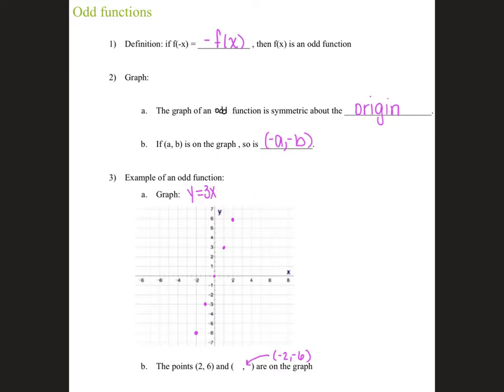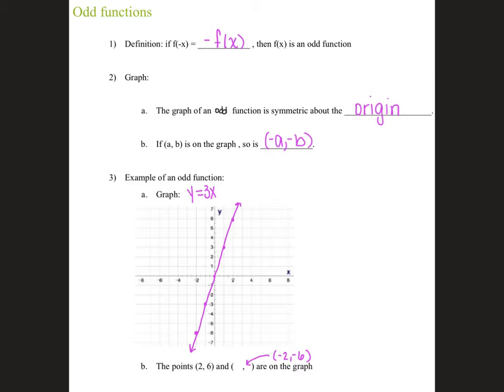So you can see down here we have a sample of a very simple odd function. Let me connect the dots here. Okay, so we have the function y equals 3x. If we know that the point (2, 6) is on the graph, and I know that it's an odd function, that's telling me that (negative 2, negative 6) is also on the graph.